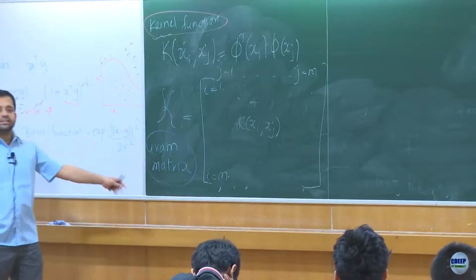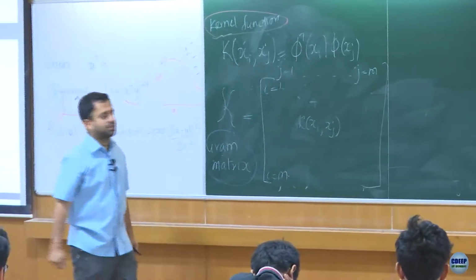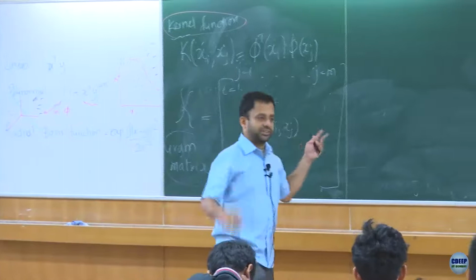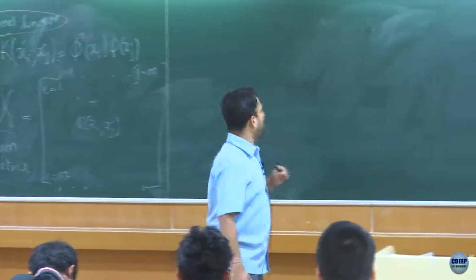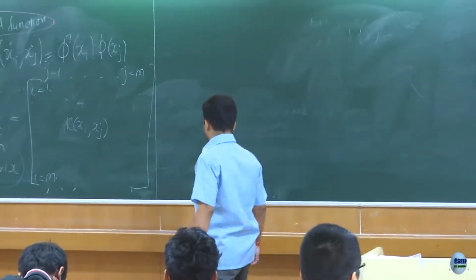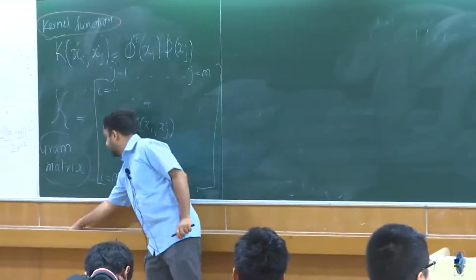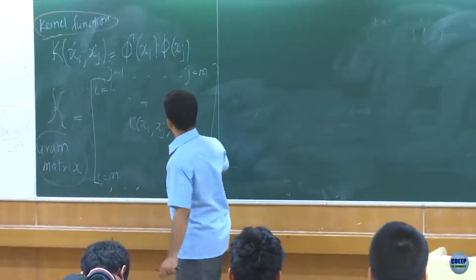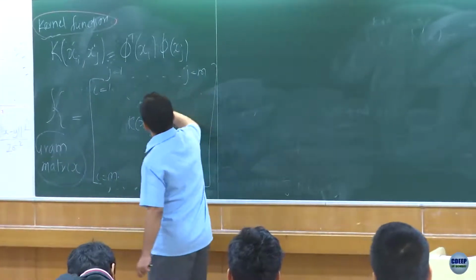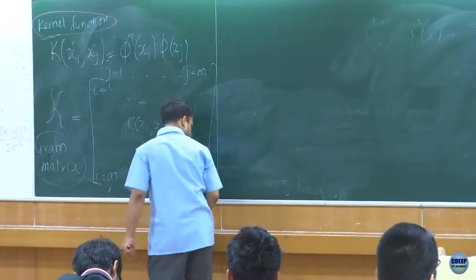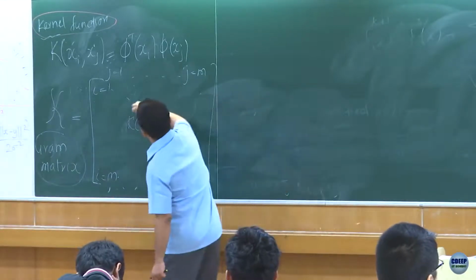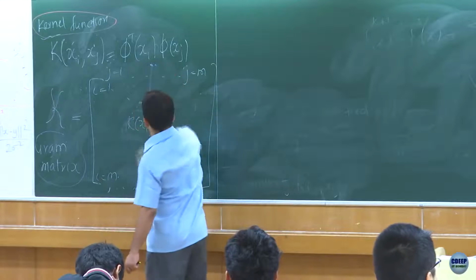Now the gram matrix requires you to enumerate some points. The kernel function is on any pair of points. What properties do you expect if I tell you that each of these entries is a dot product?